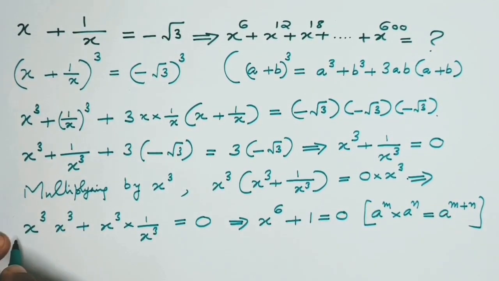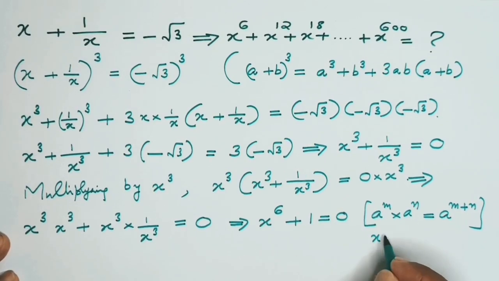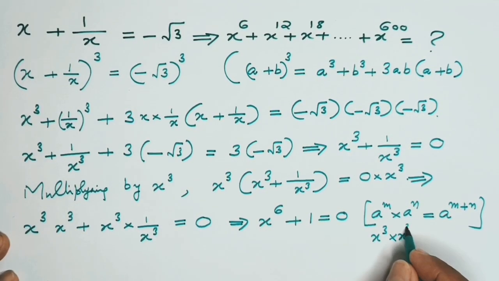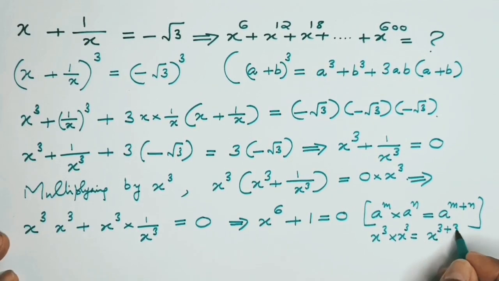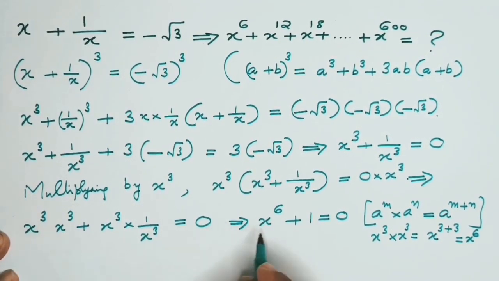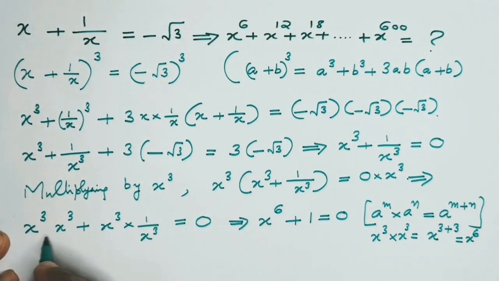That's what I have used here. See, x cubed multiplied by x cubed will be same base. You have 3 plus 3, and that's how I wrote x to the power of 6 for this one.